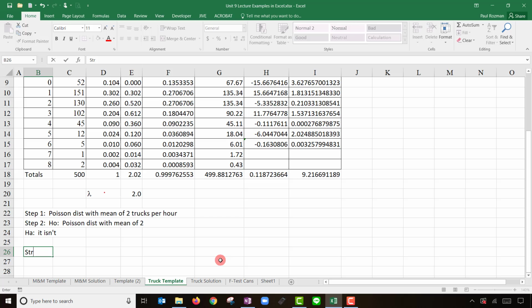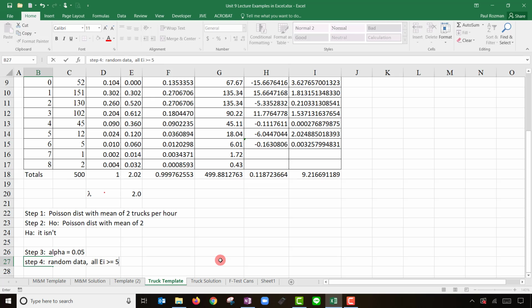That's getting really rough. Step 3 is pick an alpha. How about we go 0.05? Step 4, check assumptions. Random data, all Ei greater than or equal to 5.